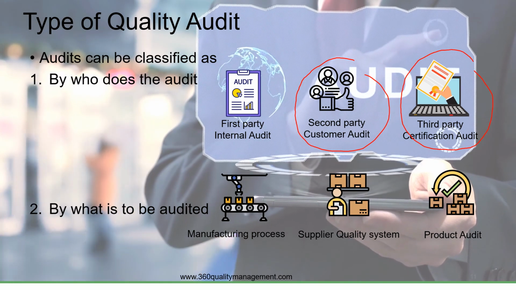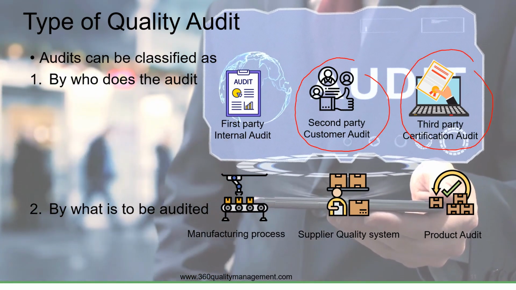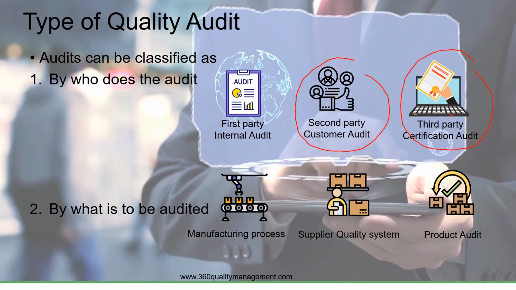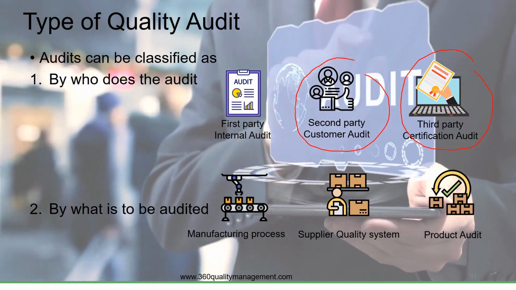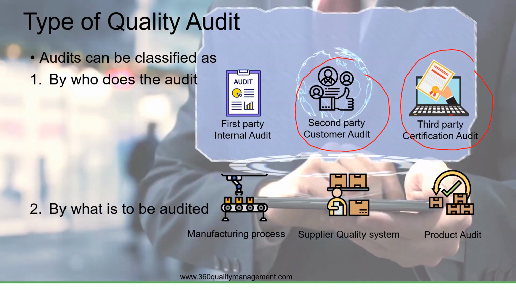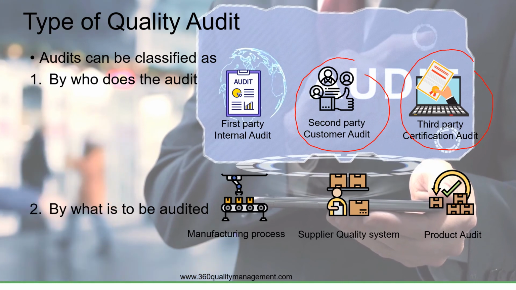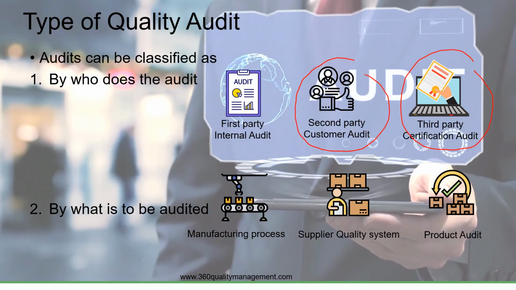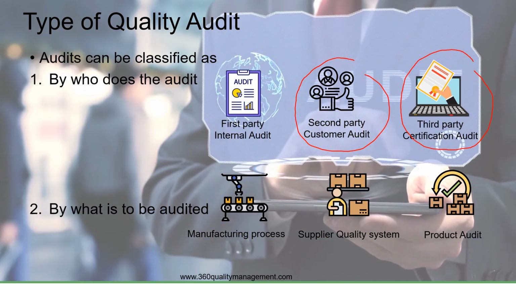Customers will audit suppliers to ensure that suppliers' QMS is capable of supplying consistently good quality parts to the customer's organization and will focus on the specific parts purchased. However, the third-party audit is more general, focusing on the whole organization's compliance to the quality management system.